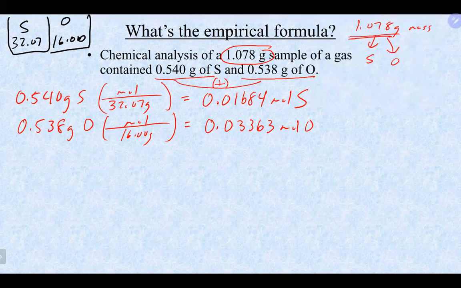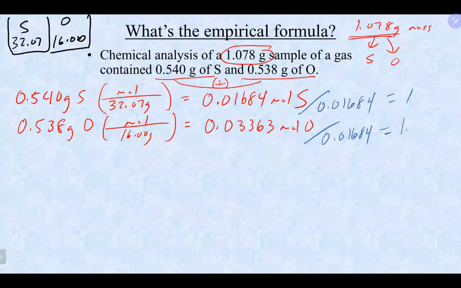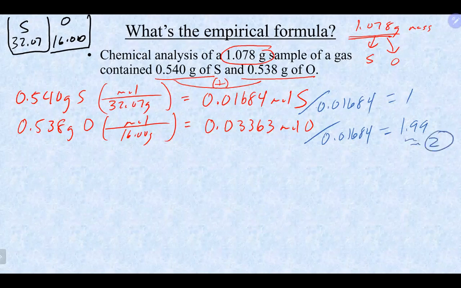At this point, once again, we're going to divide by the smallest number of moles. In this case, it's actually sulfur. So we're going to divide everybody by the sulfur number. That obviously is going to give us 1 for sulfur. And when we divide the oxygen, that's essentially going to give us about 1.99, or maybe a little bit over 2, depending on where you round it. But that is close enough to round to 2 in this case.